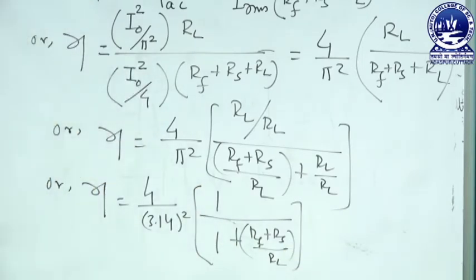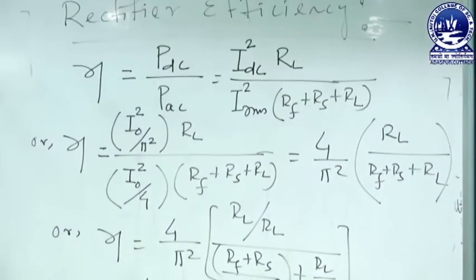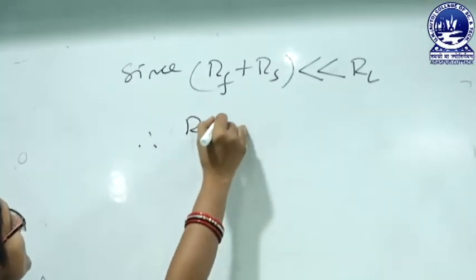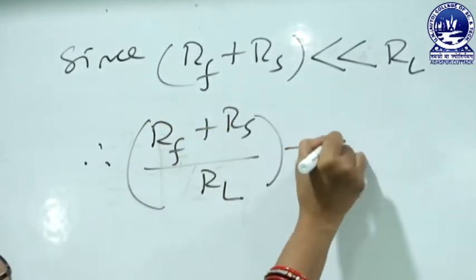Since R_F plus R_S is very much less than R_L, what about its ratio? Hence (R_F plus R_S) by R_L tends to 0.